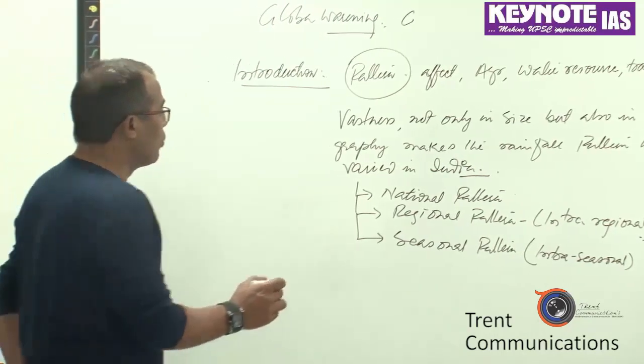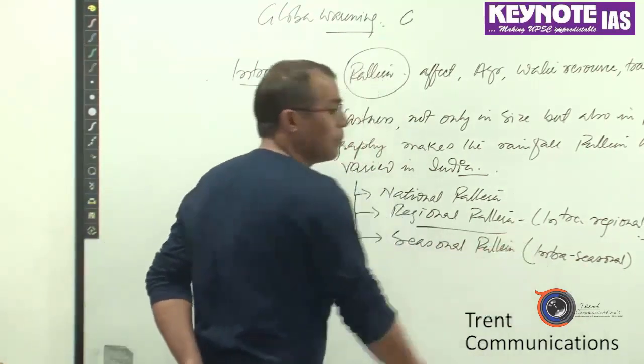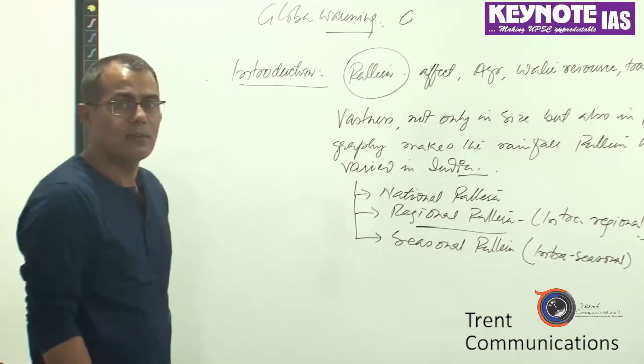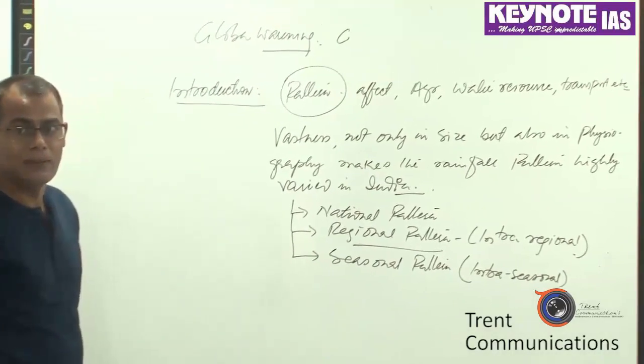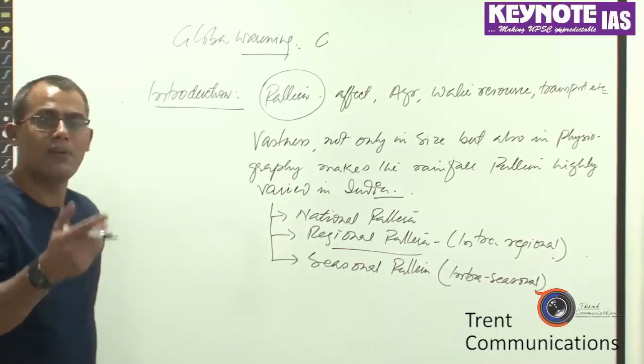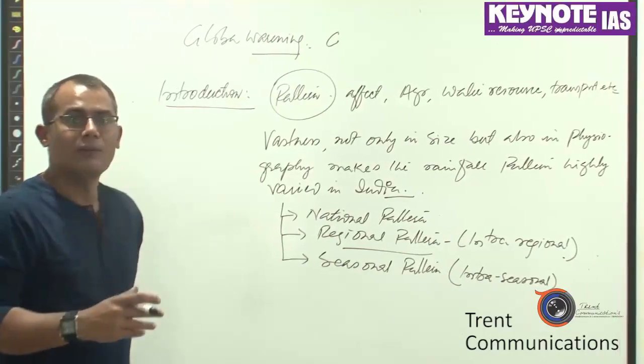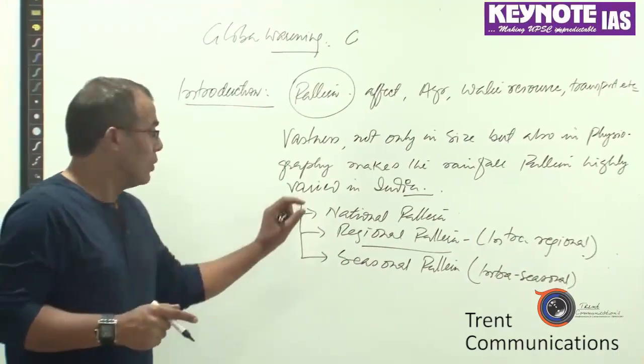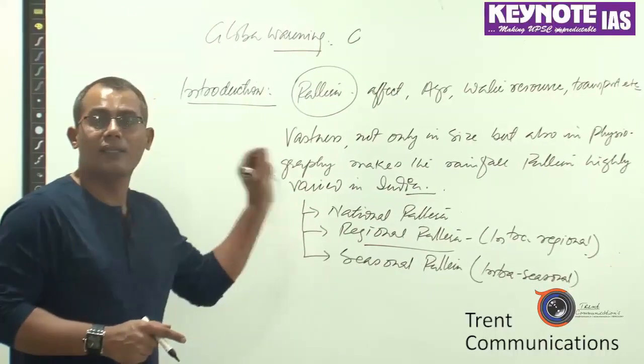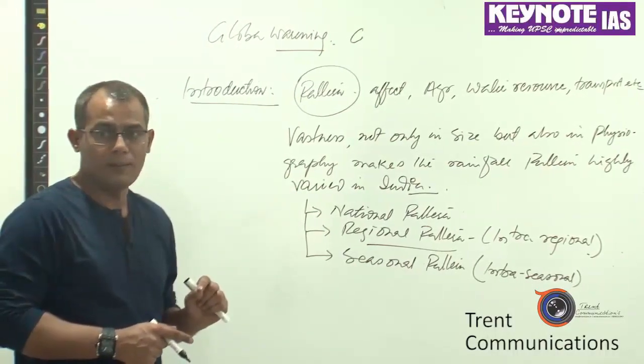Distribution is one component, that is generally regional pattern, not even intra-regional pattern. When you talk about very high rainfall, very low rainfall, again in the process you should talk about pattern rather than distribution, right?